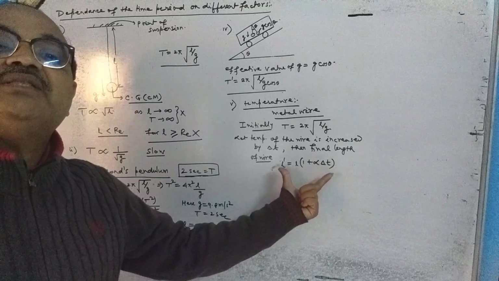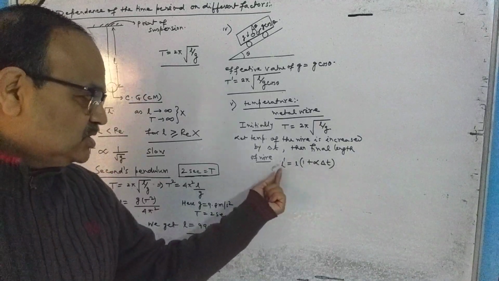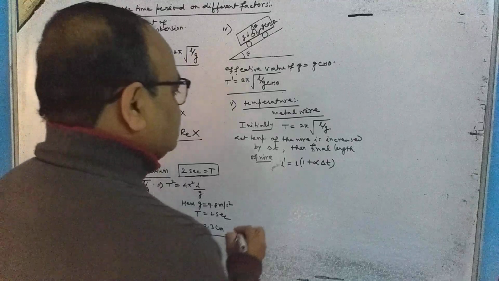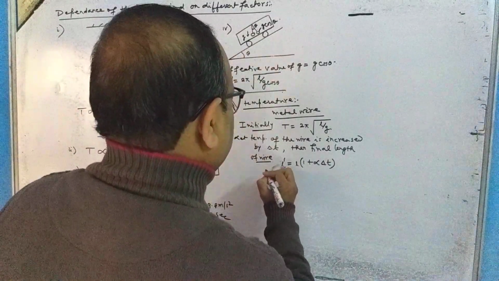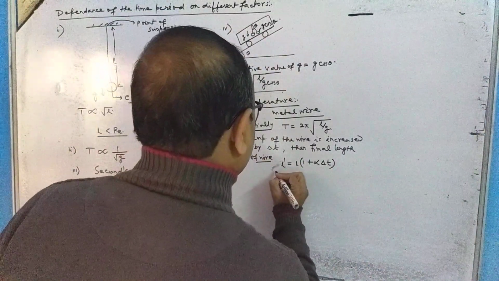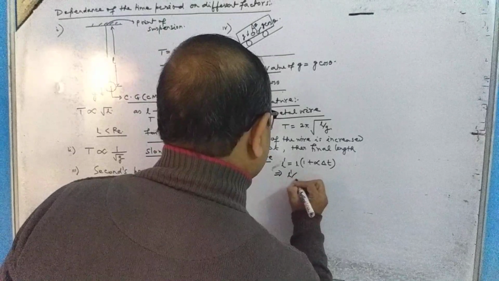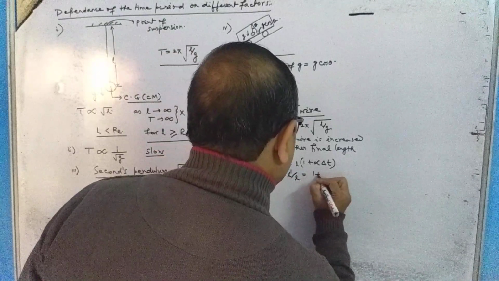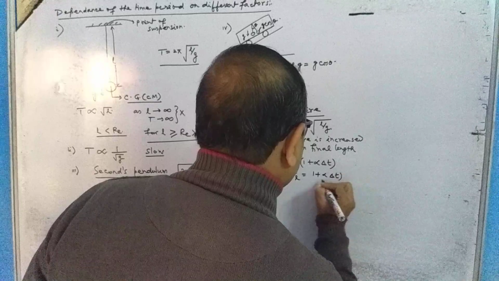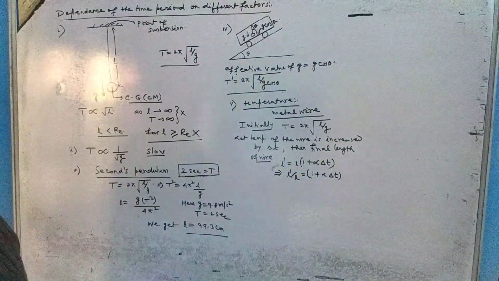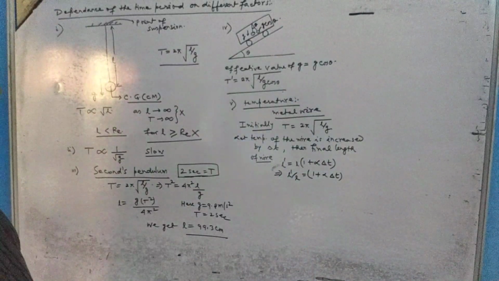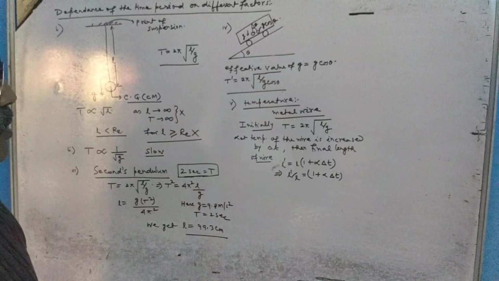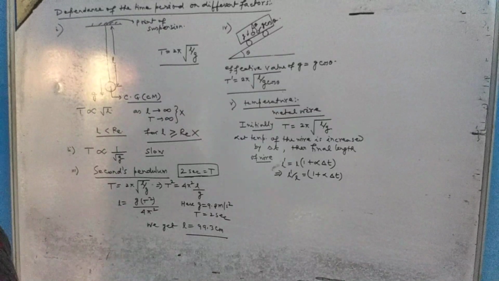When you discuss the thermal expansion of solids, you will get this formula. In that case, we can say L dash by L is equal to 1 plus alpha delta T.